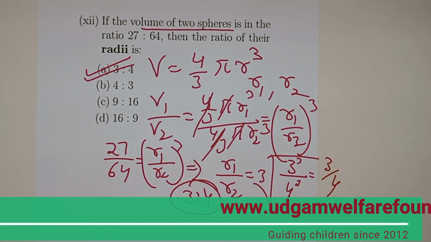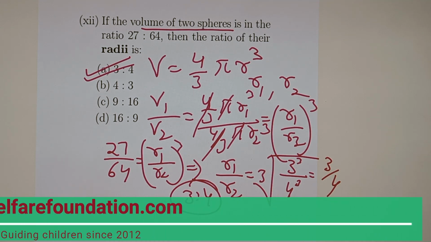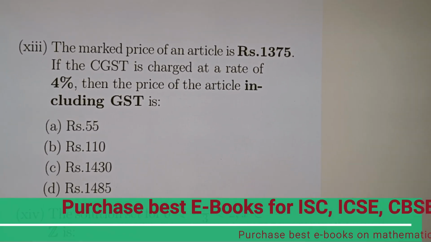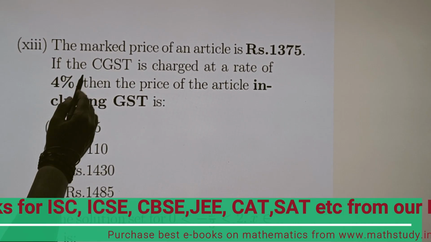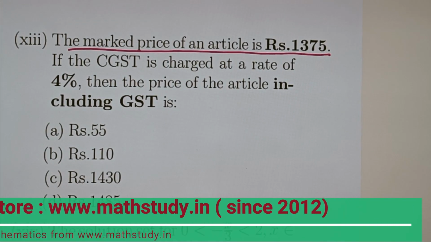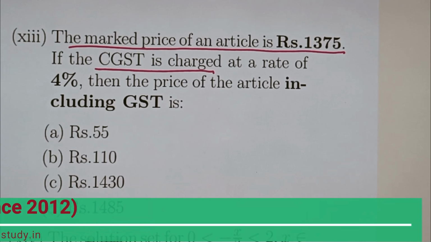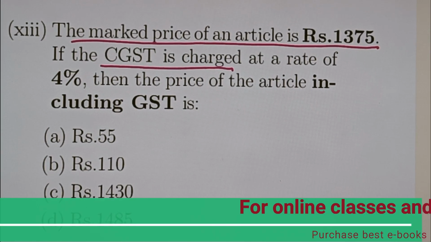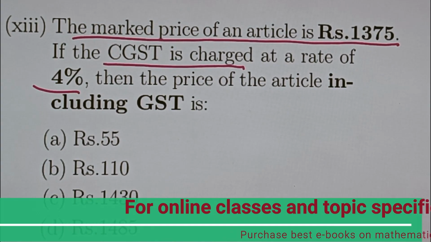So students, I think the concept is clear. That was an easy question. Now let's move towards part 13 of question number 1. It states the marked price of an article is 1375. It is a conceptual question because it states that CGST is charged at the rate of 4%, not GST.